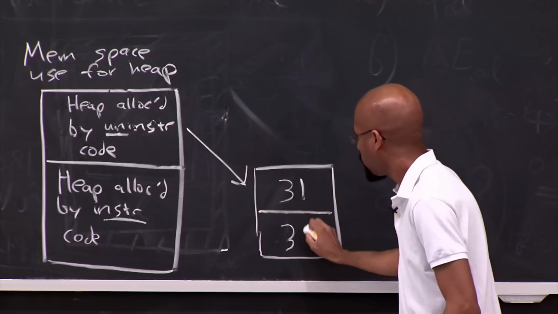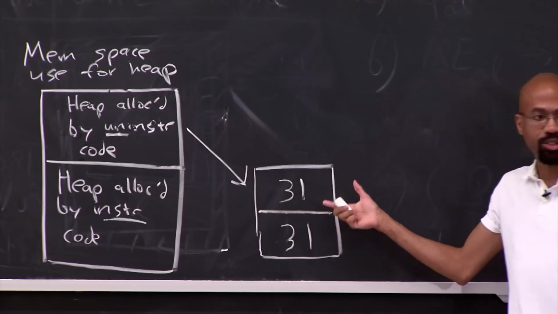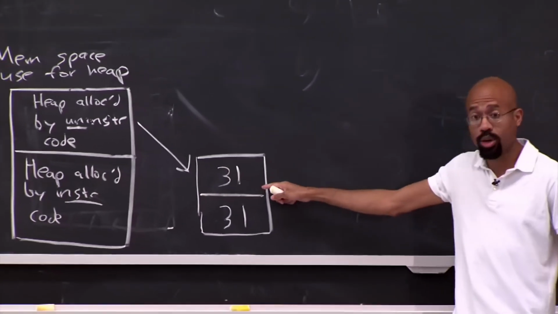Initially, all of the bounds table entries are initialized to 31.